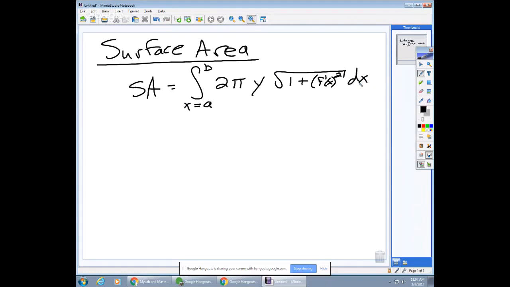We did a little algebra a couple of days ago showing that that's the calculus version of the Pythagorean theorem. And y here is likely to be a function of x because we are integrating with respect to x. And then there's a similar formula if we're revolving around the y-axis. So here, again, this would be revolving about the x-axis.